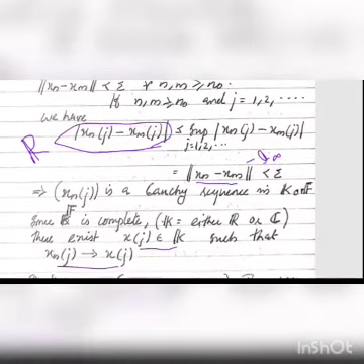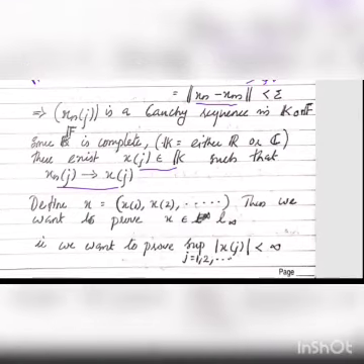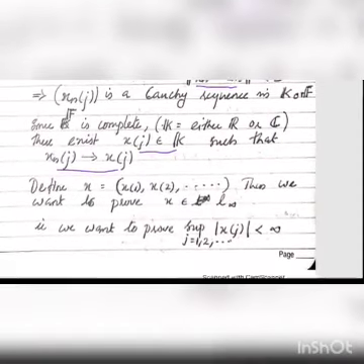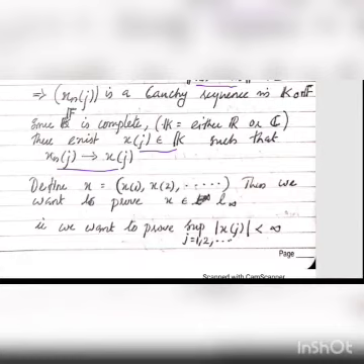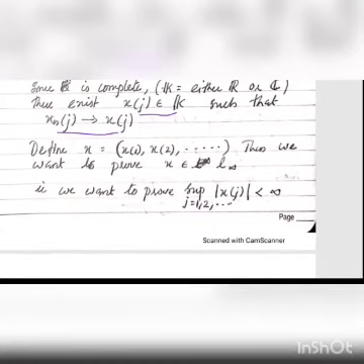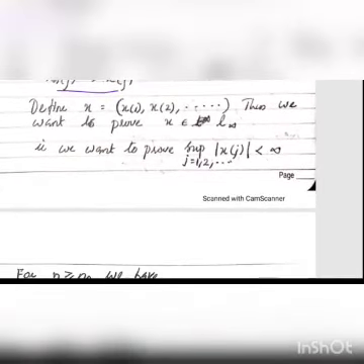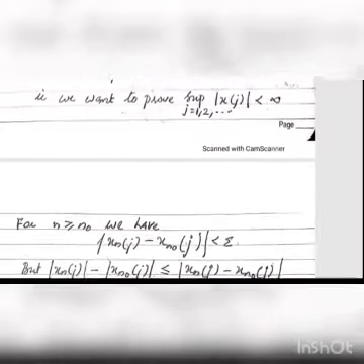Now we will take these coordinates x1, x2, x3, etc., and call that a point x. And we will prove that this x belongs to L infinity, that is, the limit of the sequence. Therefore, we want to prove that the supremum over j equal to 1, 2, 3, etc. of mod of xj is less than infinity.